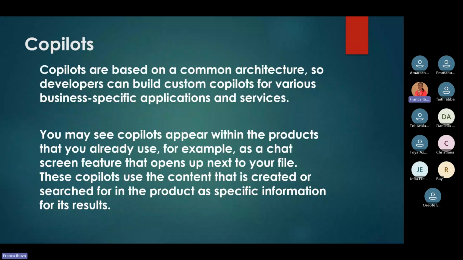Like I mentioned, Word, Excel, PowerPoint, you have co-pilots built in there, for example as a chat screen feature that opens up next to your file. These co-pilots use the content that is created or searched for in the product as specific information for its results.